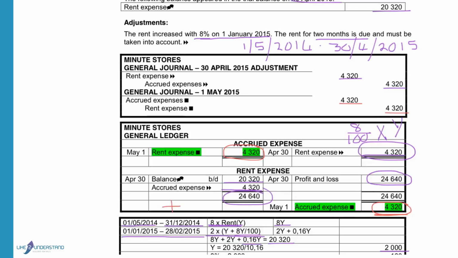The first time that we issue a check now for rent, it will be to cover that expense from the previous year. And only after we paid the 4,320, we will accumulate here on the debit side all the other payments until we find out what is the total amount for the year.